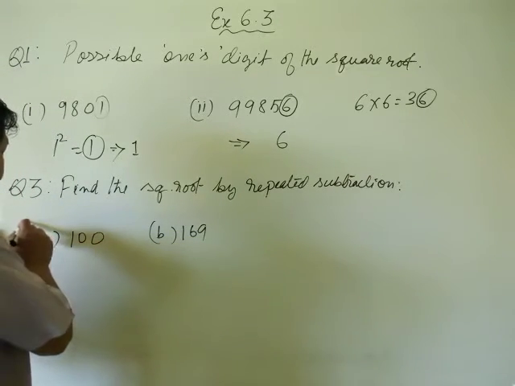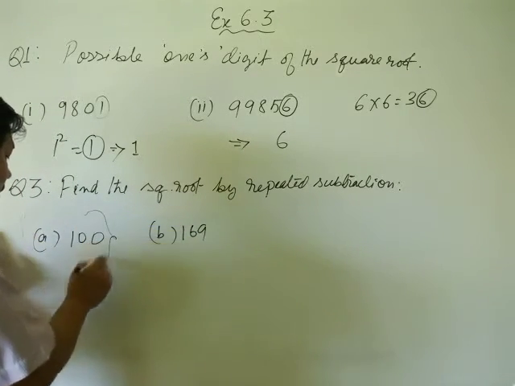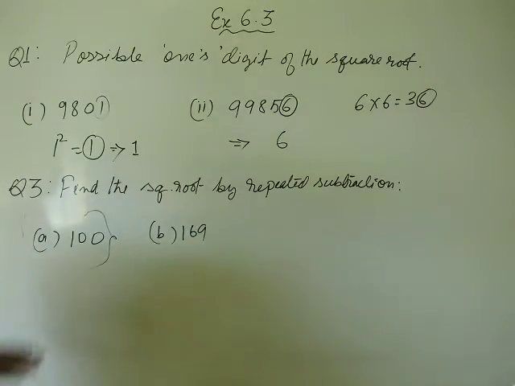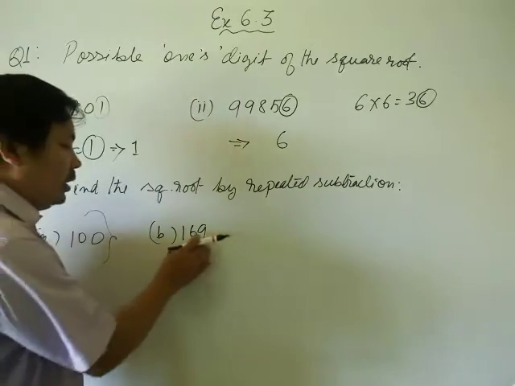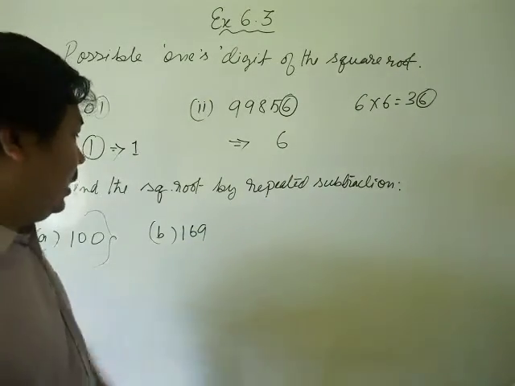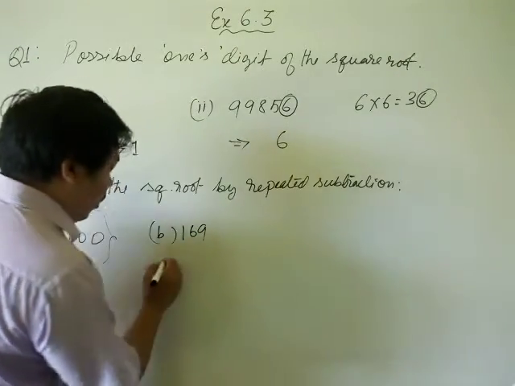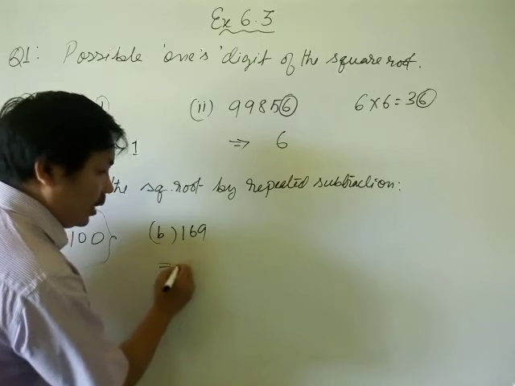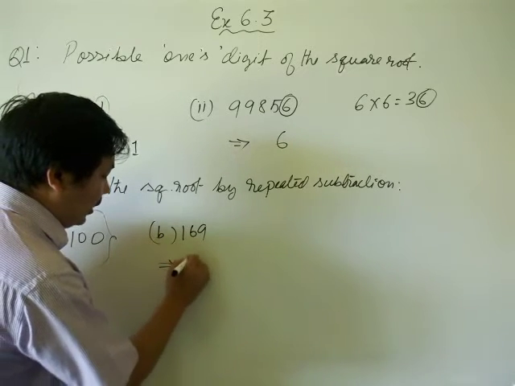I'm doing it for you. Now I will show how we find it for 169. We have done this in the example, but let's see here. We have to repeatedly subtract.